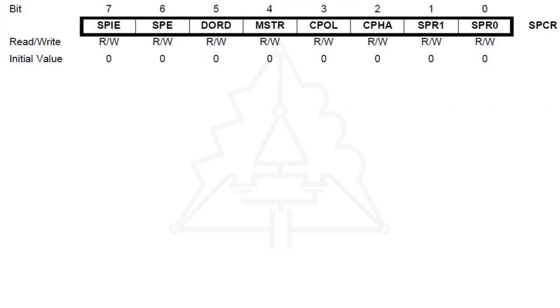SPI Control Register, SPCR. This bit causes the SPI interrupt to be executed if the SPIF bit in the SPSR register is set and if the global interrupt enable bit in SREG is set. When the SPE bit is written to 1, the SPI is enabled.